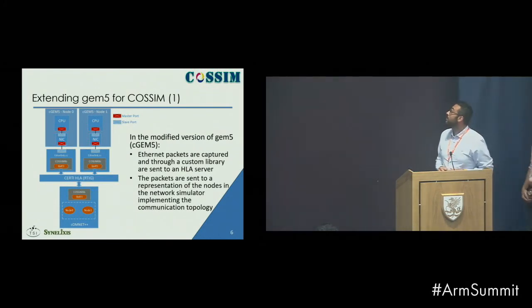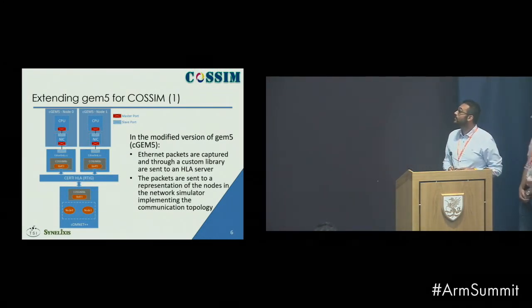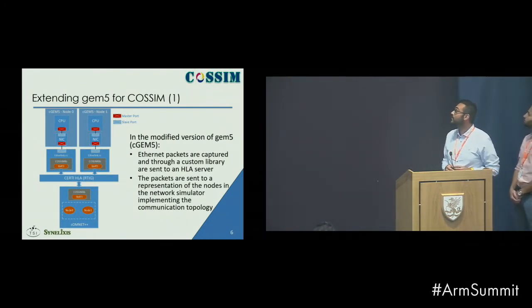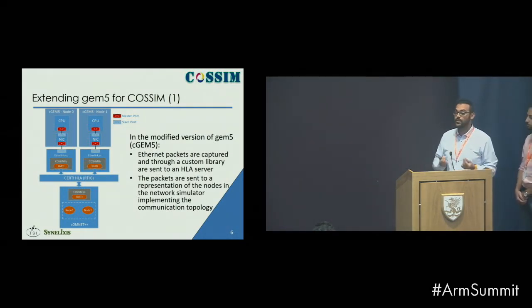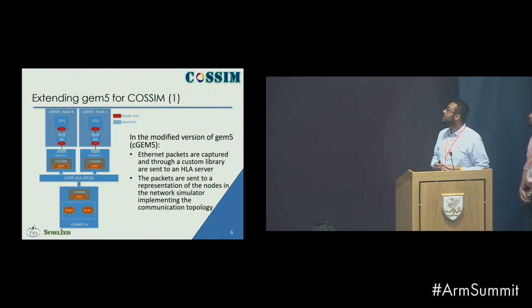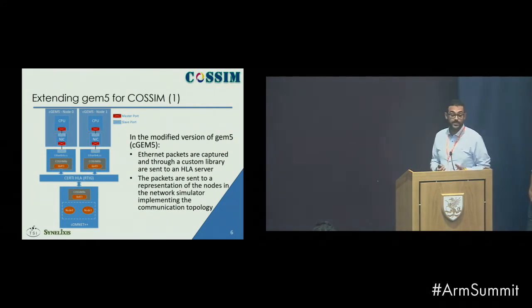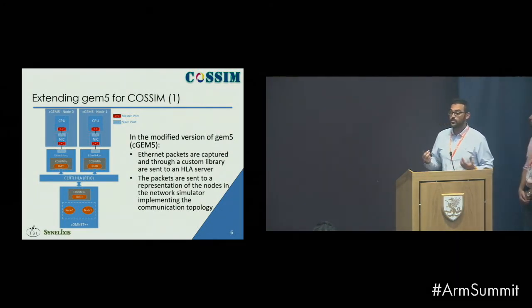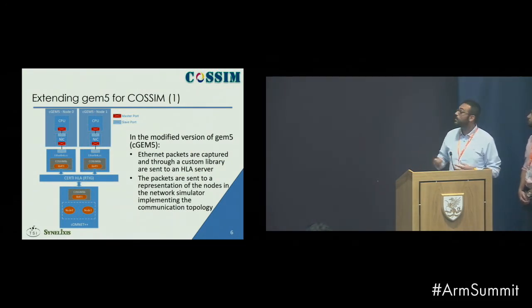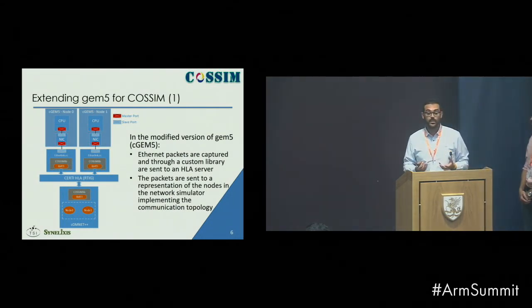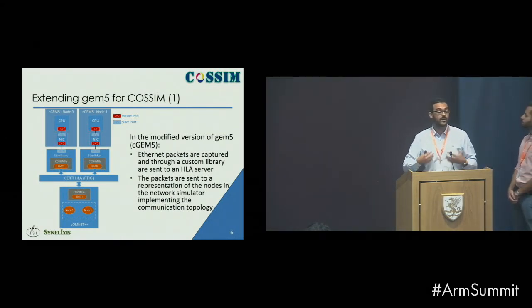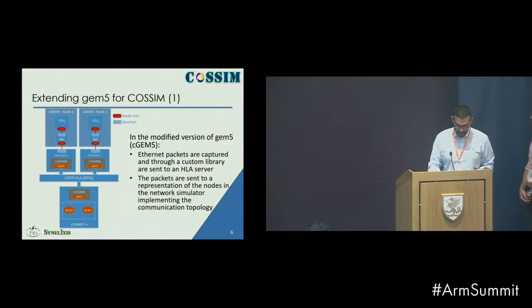So what we are trying to do is modify GEM5 properly, break this virtual wire, and tap on the Ethernet interfaces, send them through the HLA libraries, and connect them to a network simulator that will enable us to do whatever we want with the network part.